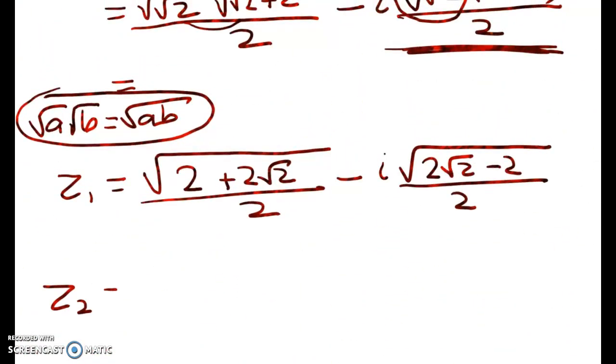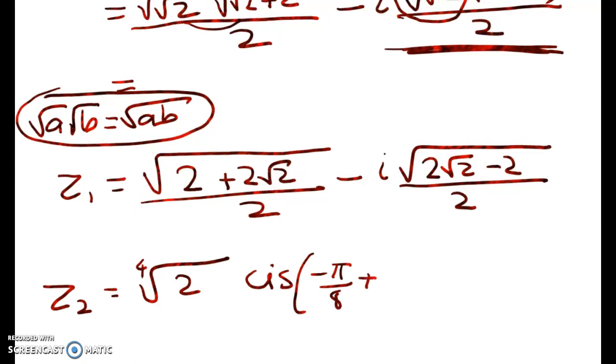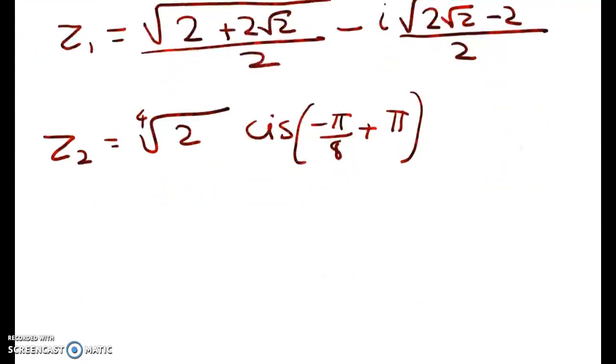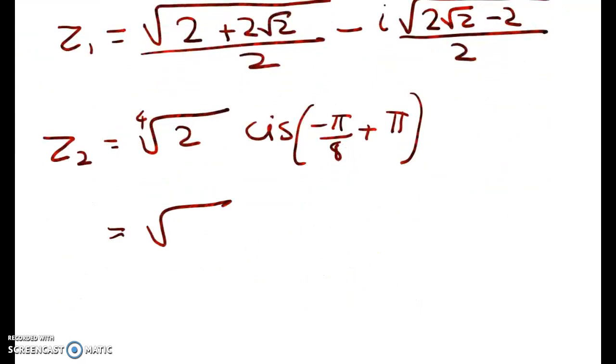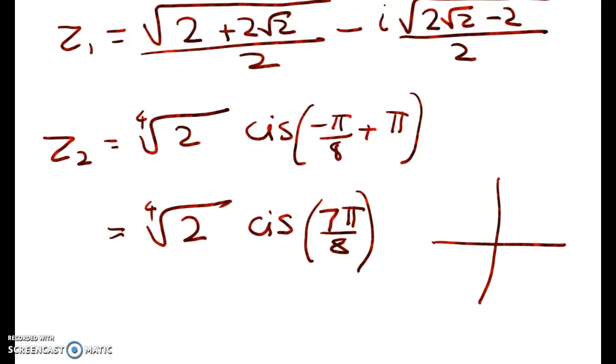Well, z2 will be the 4th root of 2 cis of negative pi on 8 plus n pi plus 1 pi. But the good news is we can do this very quickly using the graph and some symmetry. So this is cis of 7 pi on 8. Now, just sketch yourself a little diagram.